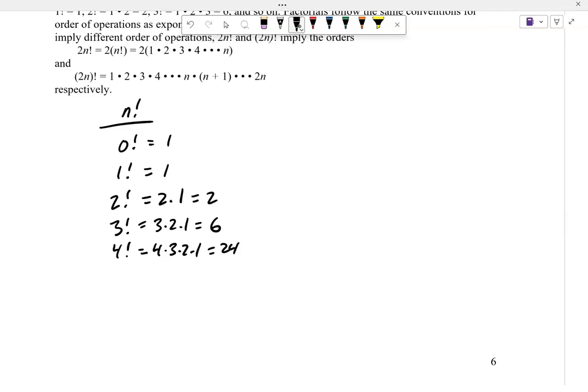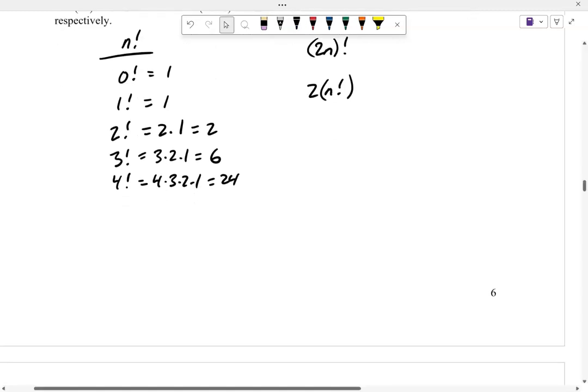And algebraically, if you're working with these, a 2n factorial would be different than 2 times n factorial, right? You have n factorial, and so on. So anyways, that's your factorials.